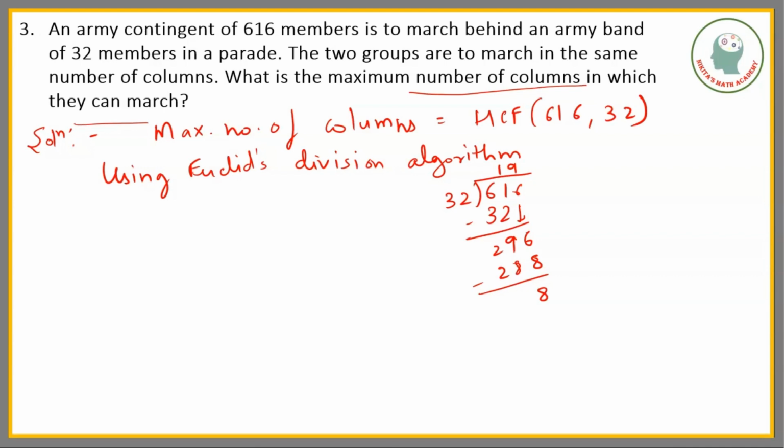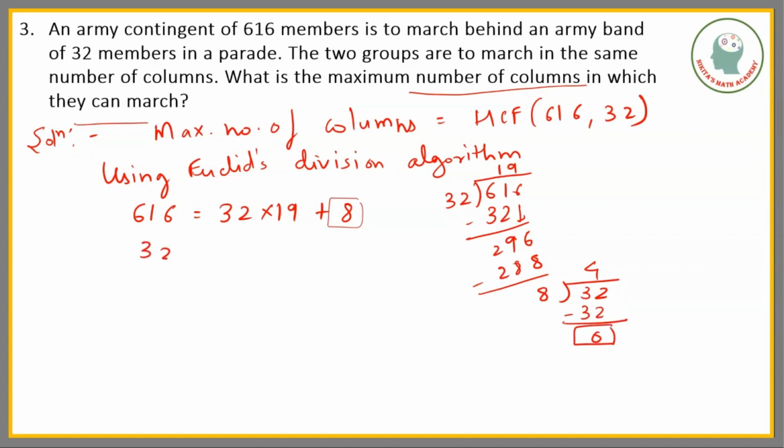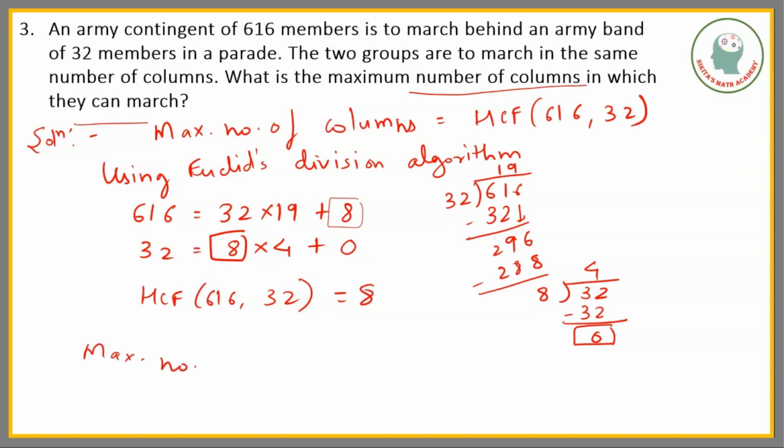So this can be written as 616 equals 32 into 19 plus 8. The remainder is still not 0. So let's divide 32 by 8. You can see here I got remainder 0, and this can be written as 32 equals 8 into 4 plus 0. This shows that 8 is our HCF. So 8 is the HCF of 616 and 32. This implies that the maximum number of columns in which they can march is 8.